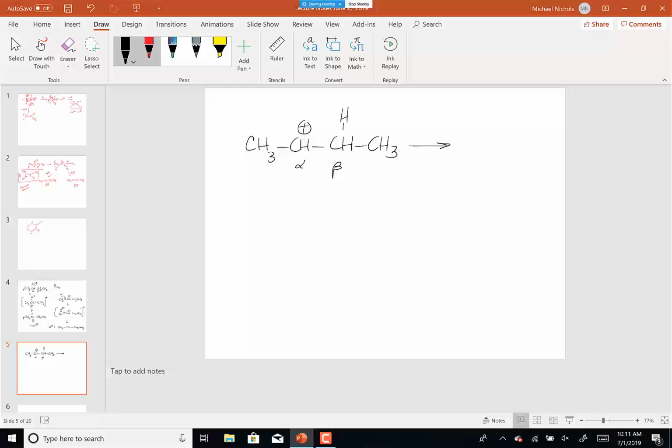You've got to show the arrow of the pair of electrons moving from the right-hand hydrogen down to form the double bond.